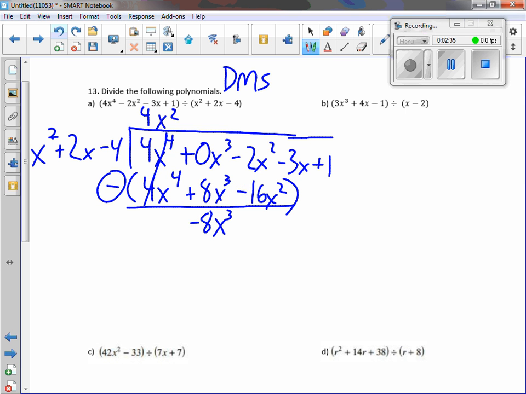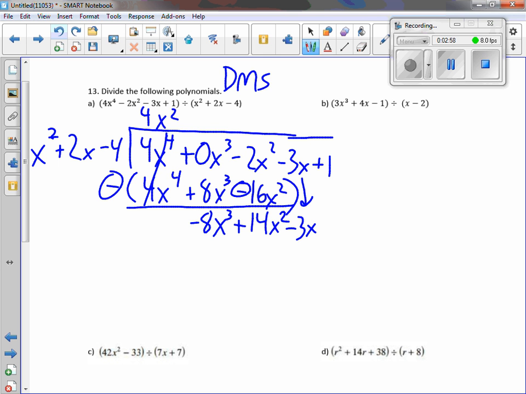That's always something you need to look out for. That minus negative becomes plus. So negative 2x squared minus negative 16x squared is plus 14x squared. That minus negative makes it positive. And the last step of our cycle is to drop down the last term, or the next term rather.